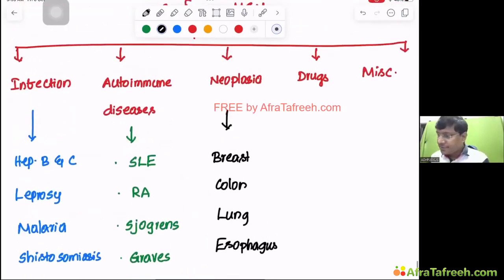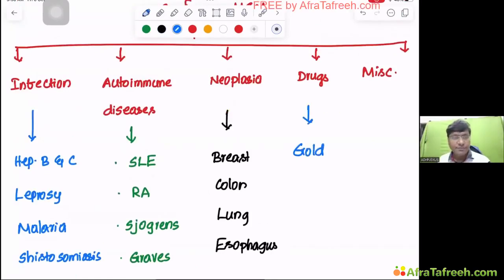And the very important one, just now we were discussing, is gold salts. Gold salts are associated with which other form of nephrotic syndrome? Minimal change disease. Minimal change disease.